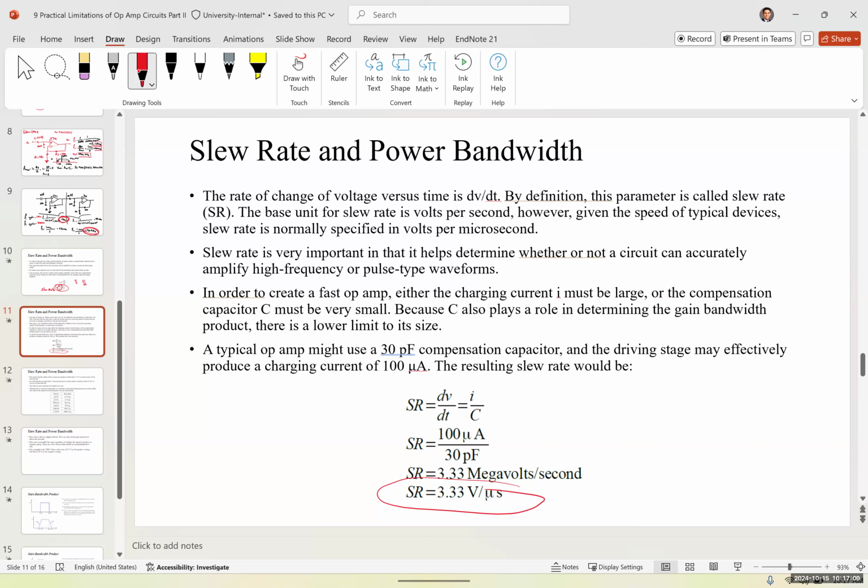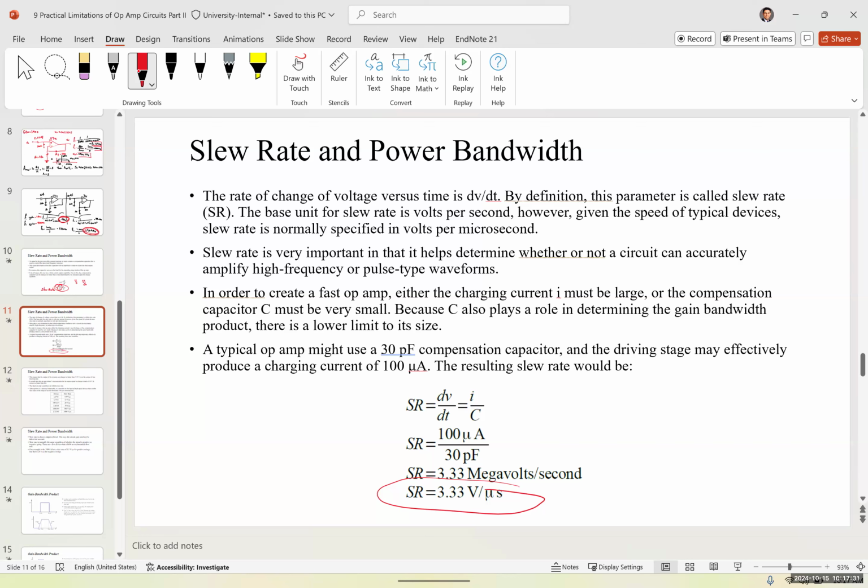Slew rate of a capacitor is determined by two things: the capacitance itself and the rate of current change. It's always better to limit the current charge or use a larger capacitor to decrease the slew rate.